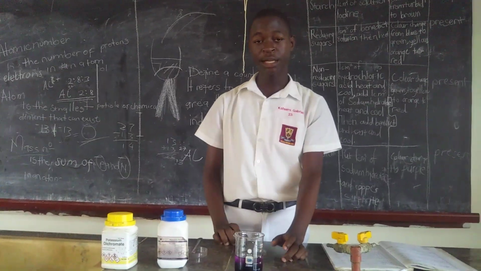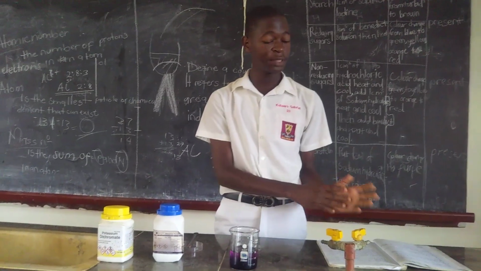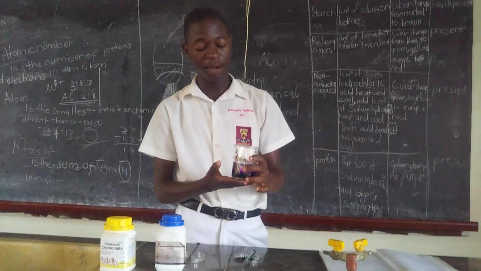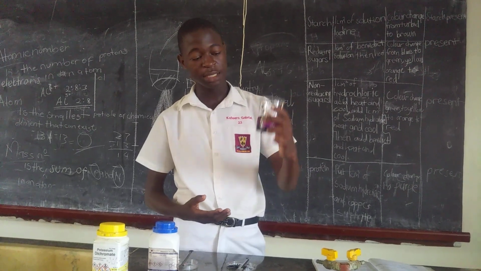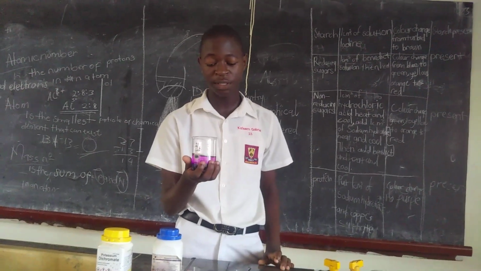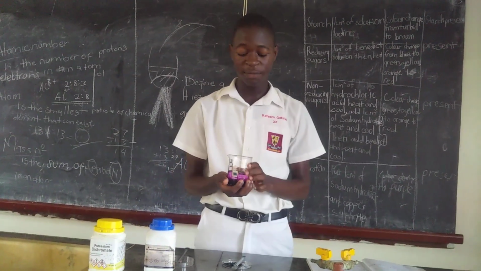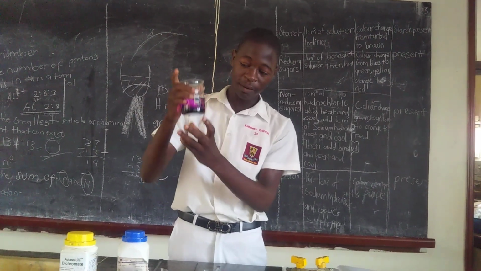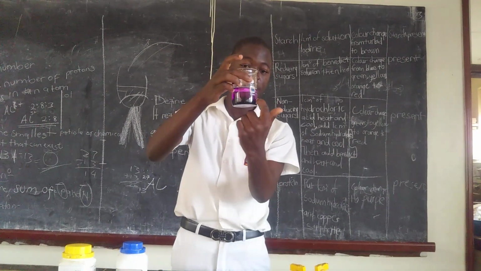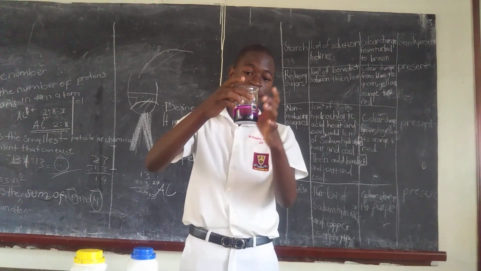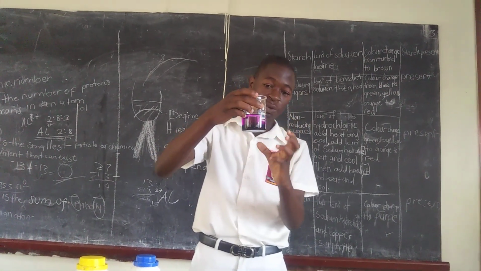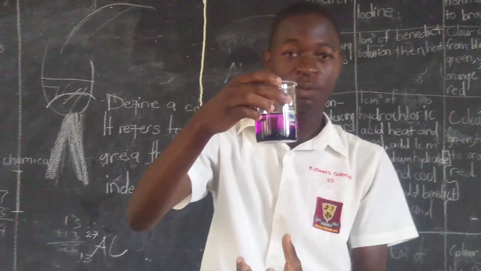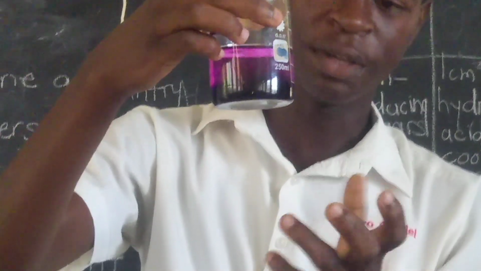In case we had a Bunsen burner and we put our beaker above it, I predict that the water in the beaker will change and completely turn purple. For now, as you see, at the bottom it's completely purple, even dark, but at the top it's only a bit purple, not completely.